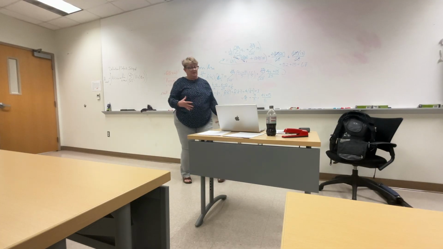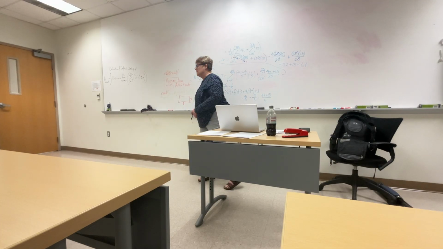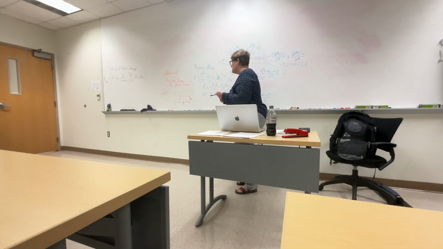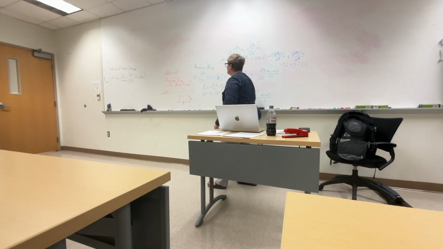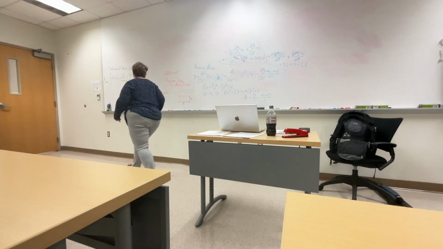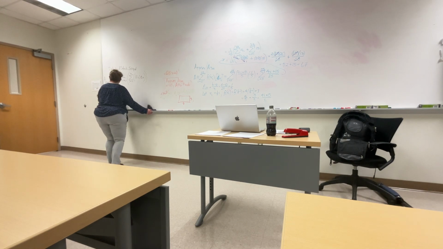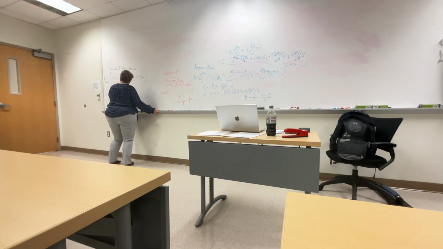So that is our exact value. We already know what the exact value is of the area for the function f of x equals 4x plus 3, where a is 0 and b is 5.